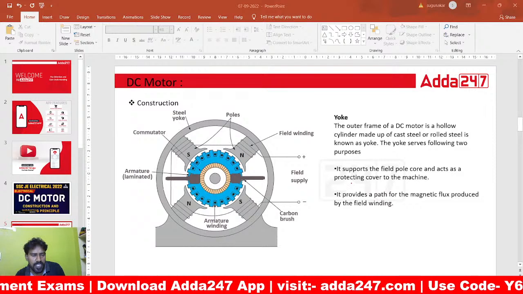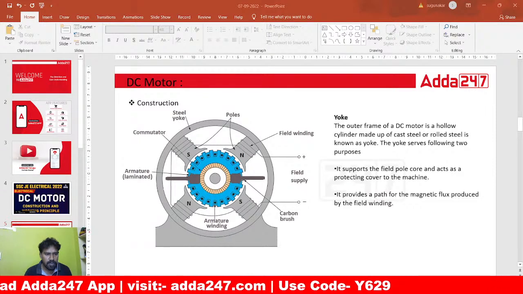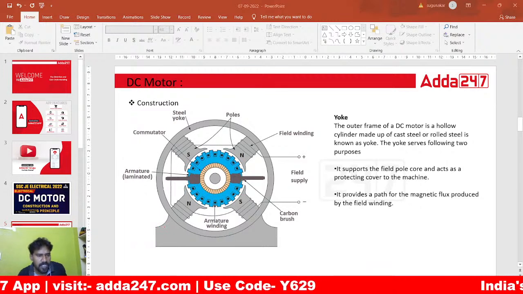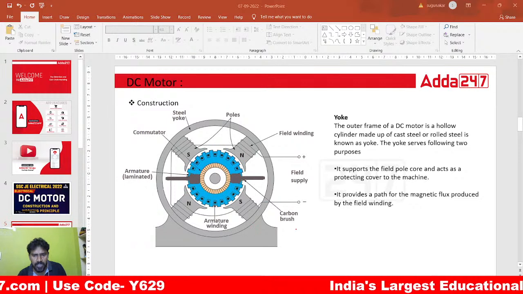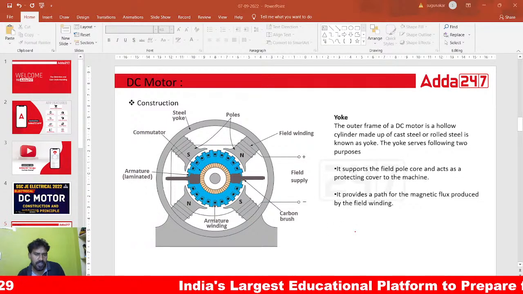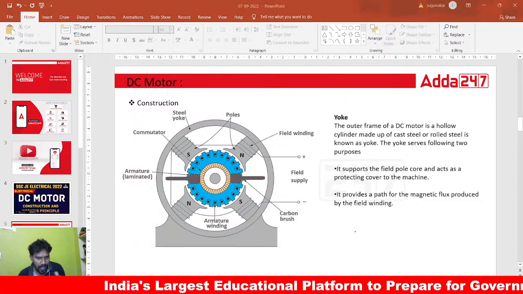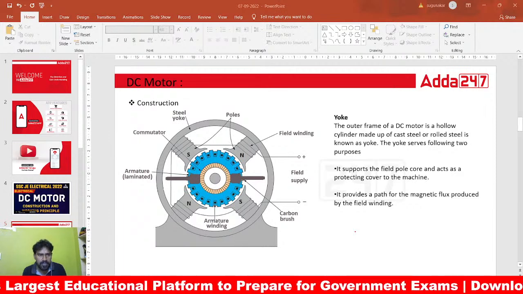So it is mounted on the shaft of the motor. Okay, so you can remember. The brushes are made up of carbon and supported by a metal box called brush holders. So it is supported by a metal box.